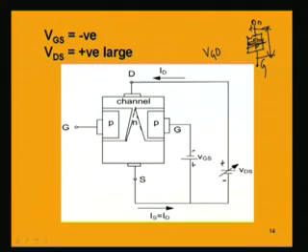The drain is positive, gate is negative. So, that means we have now VGD, which is basically the determining factor.